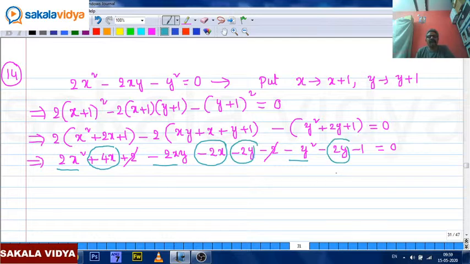Next constant we need to write. What are the constants we have here? Minus 2. Okay, minus 1 we have. Plus 2. Okay, this will be minus 2. Right.